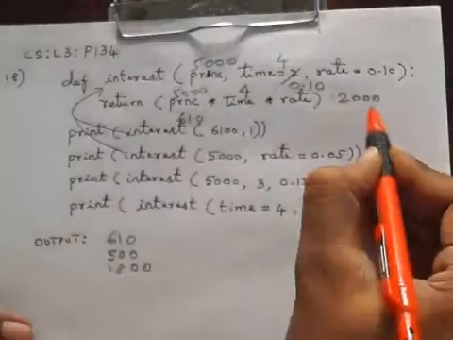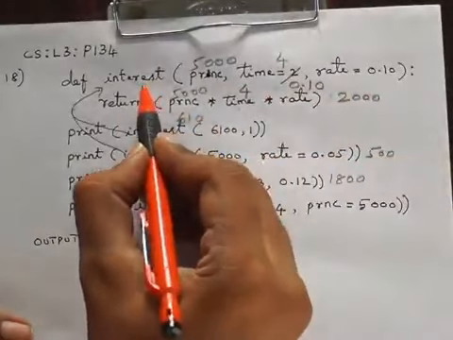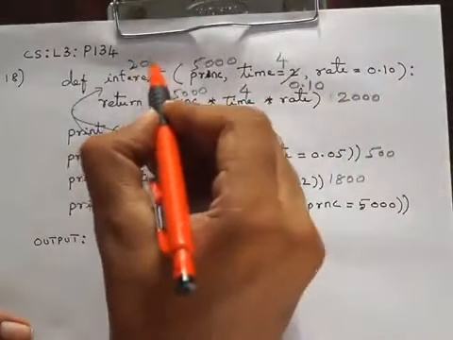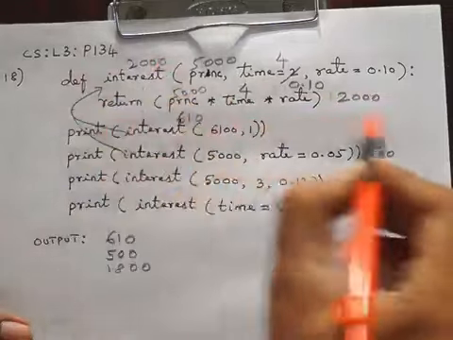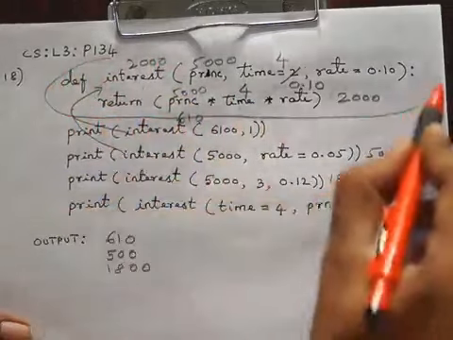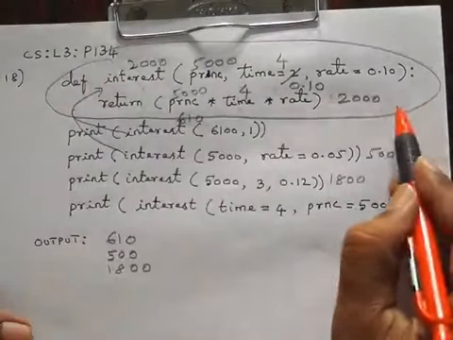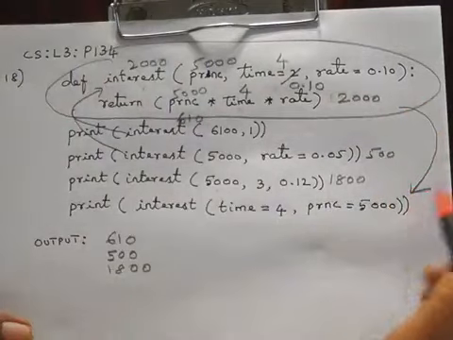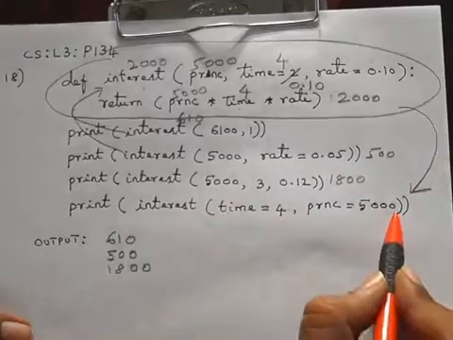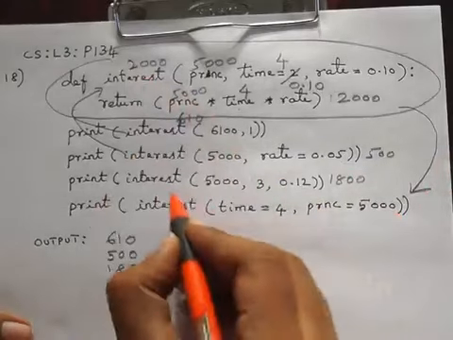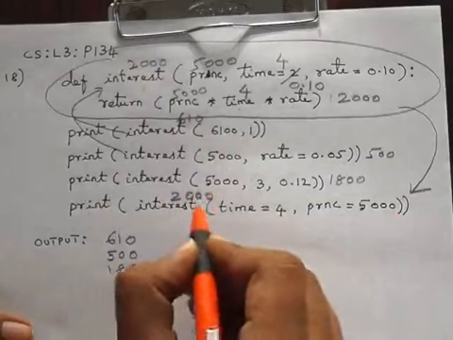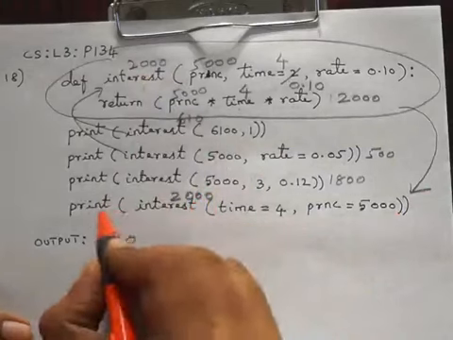So return 2000 means the value of interest function is also 2000. Once this definition work is finished, it will come back to the question where it came from. Now what is the value of interest function? It is 2000. So the interest function value is 2000 and that value will be printed.